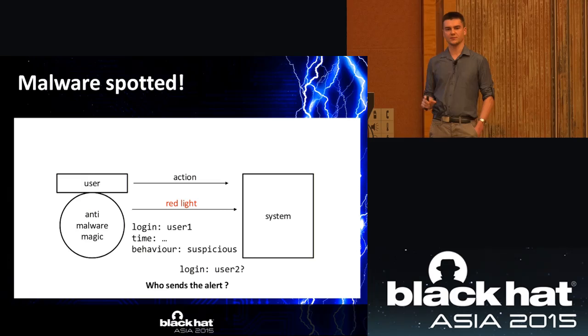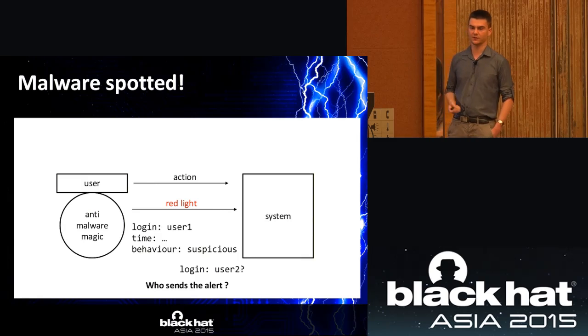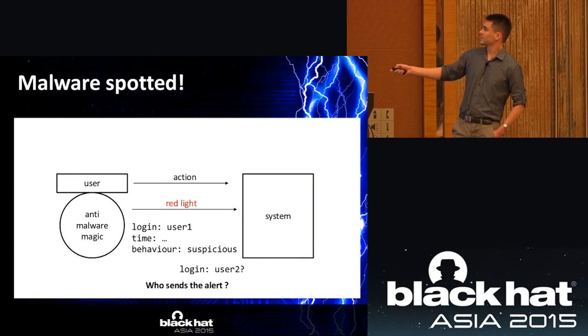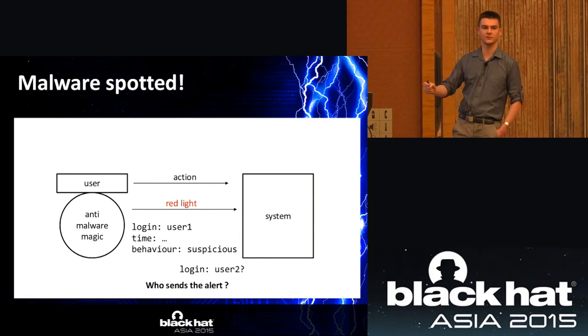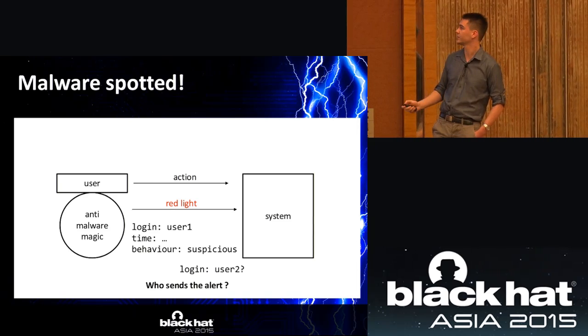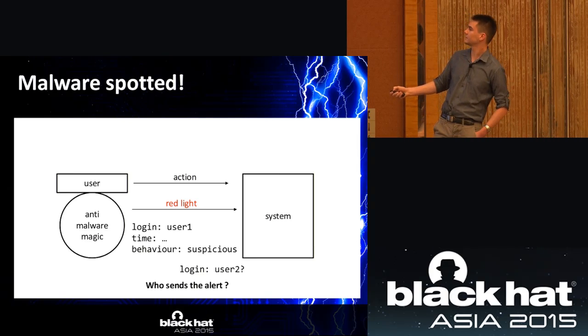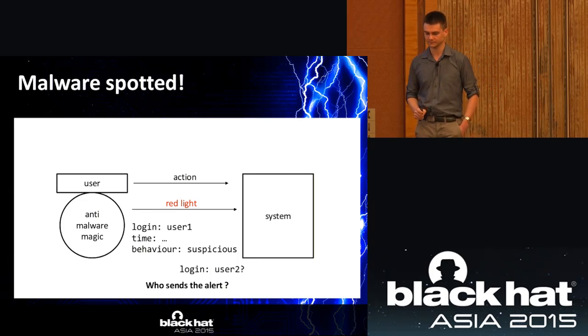All of this was encrypted with the RSA public key that I mentioned before. But the message inside was this: there was a login of this particular user who used an infected machine, the time, and some definition of the behavior, why it was so suspicious.